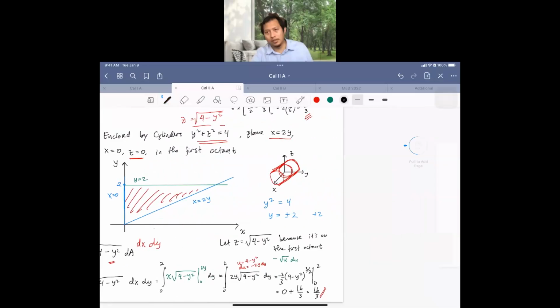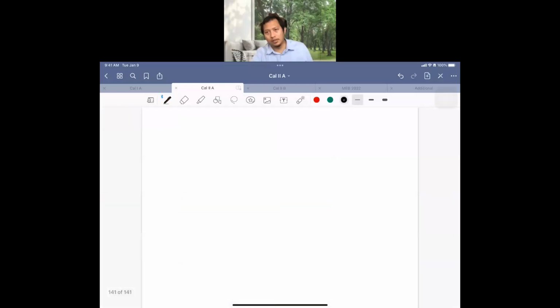So we start a new page. So 15.3, we have double integrals in polar. Let me check.